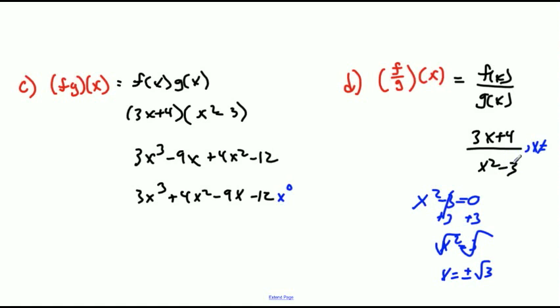And if you ever get 0 in the denominator, that means that it's not possible. I mean, it's not even an imaginary number. It's not even possible. So really the answer should be this, where x is not equal to plus or minus square root of 3. That's the real answer.